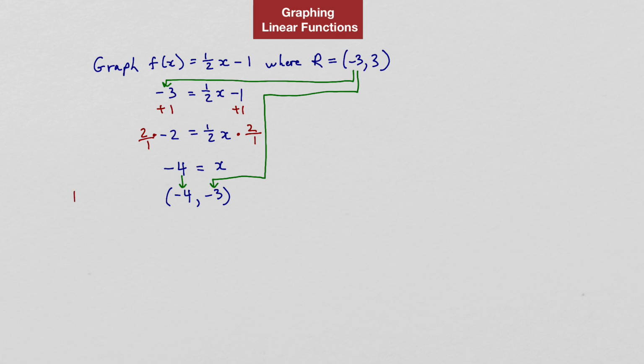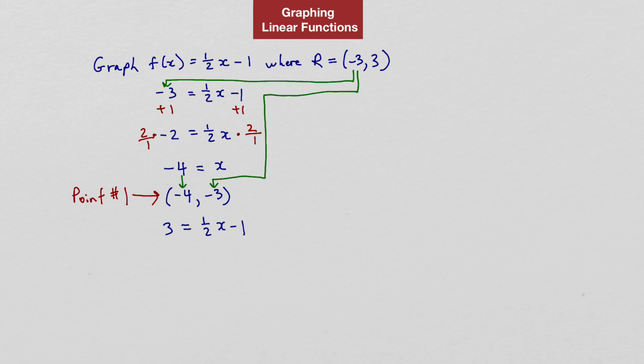And I'm going to label this point number 1. Okay, so now we're going to do the same thing for this 3, and we're going to substitute that 3 for f of x. So it will look as follows. 3 is equal to 1/2 x minus 1.